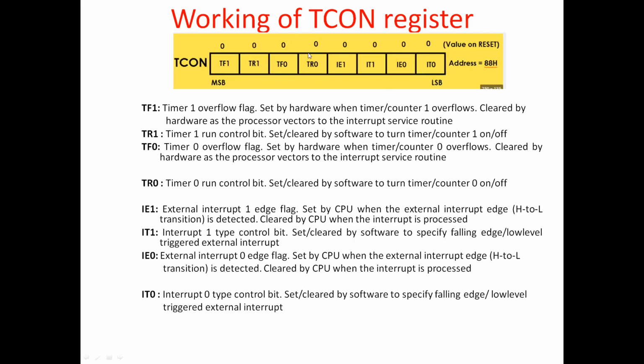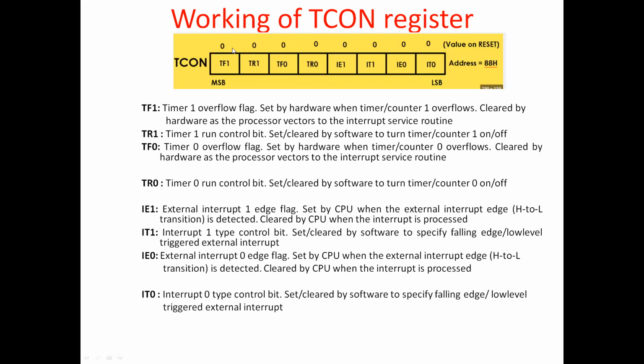If this TR bit is 0, even if you give clock pulses, the timer will not increment the value. So for timer 0 to operate, this TR0 must be 1. For timer 1 to operate, this TR1 bit must be 1. This is to be done manually, by the software.